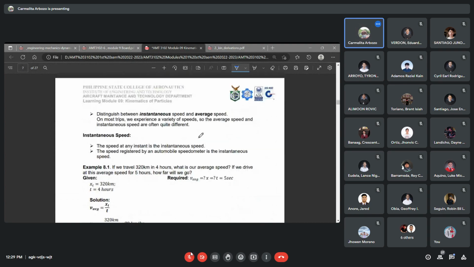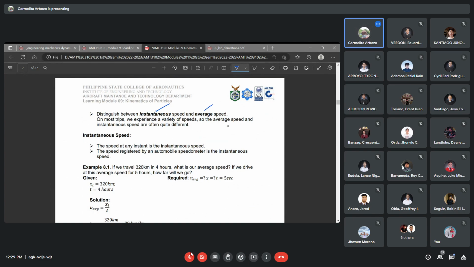So, to distinguish between instantaneous and average speed, on most trips, we experience a variety of speeds. So, iba't ibang klase ng speed. Meron yung variable, pabago-bago, depende yan sa traffic, no? Or minsan naman dire-diretso.